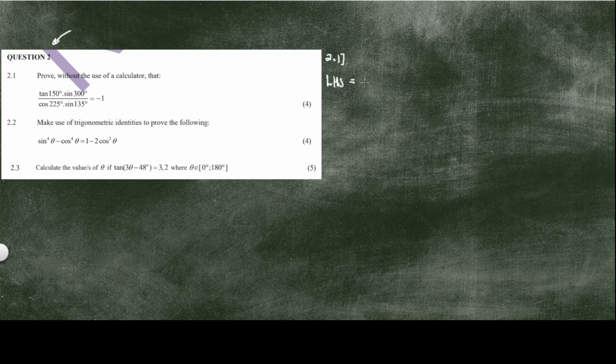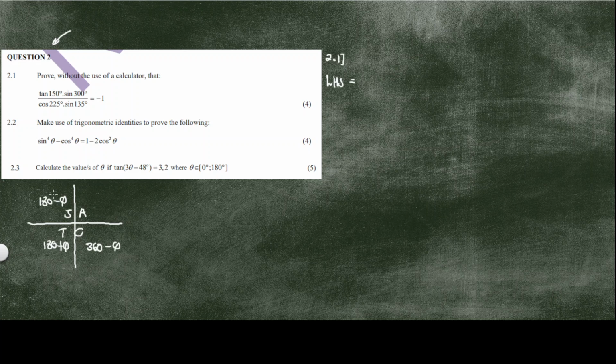All right, so for 2.1, we're going to take the left-hand side and solve that. So, CAST diagram. We need to reduce the angles to our special angles. In the second quadrant, 180 minus theta; in the third, 180 plus theta; in the fourth, 360 minus theta.